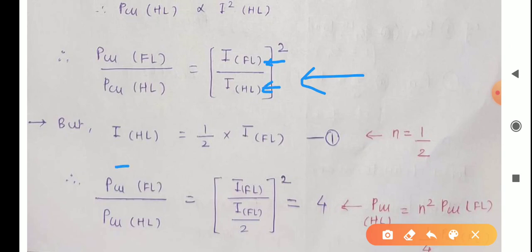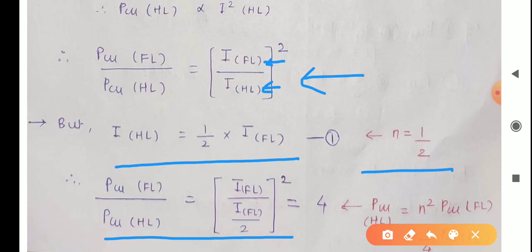But half load current will be exactly half of the full load current. That means the fraction with which the current is changing is 1 by 2. So the ratio of full load copper loss to half load copper loss, if we place the value of half load current in the denominator as full load current divided by 2, the full load current will get cancelled and we will be only remaining with 4 on the right hand side.